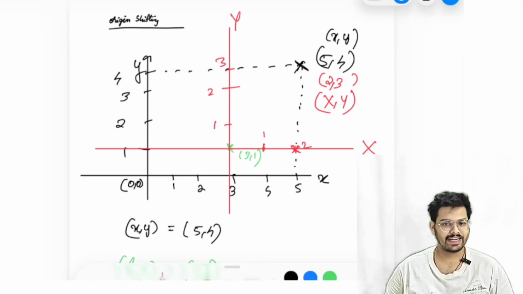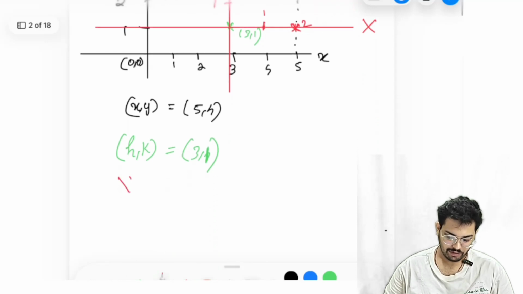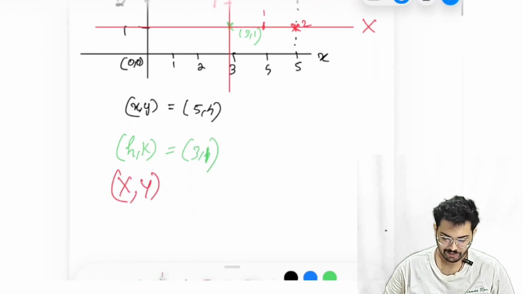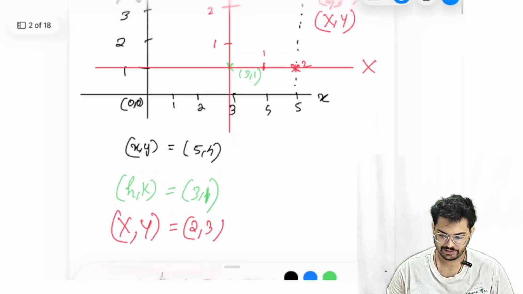Now, we need to form the relation between these two. With respect to the new coordinate, capital X comma capital Y is equal to 2 comma 3. You can see 2 comma 3 from here.